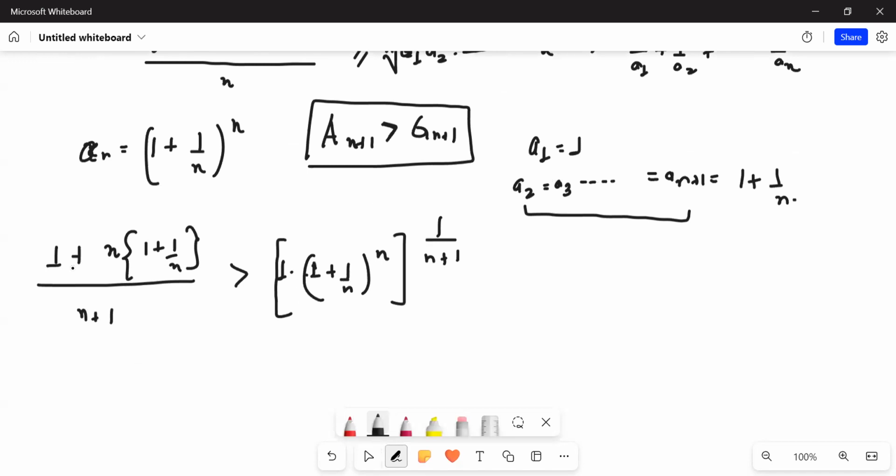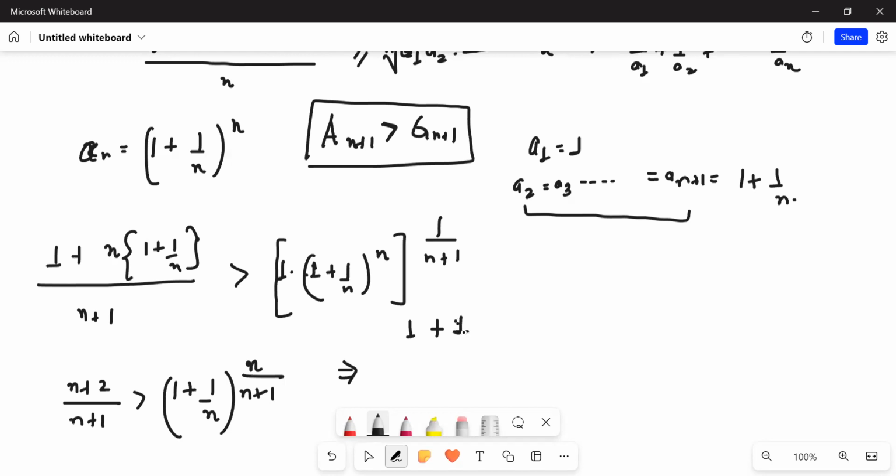So the n cancels, and this will become (n plus 2) upon (n plus 1), which is greater than (1 plus 1 upon n) raised to power n upon n plus 1. Fine. You can write n plus 2 as n plus 1 plus 1, so basically it is 1 plus 1 upon n plus 1.